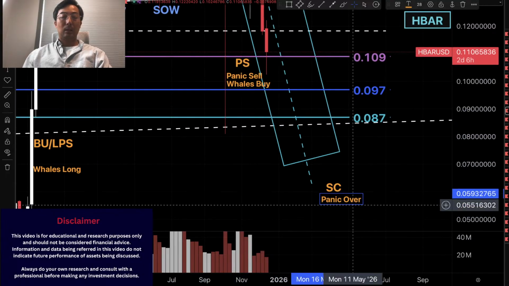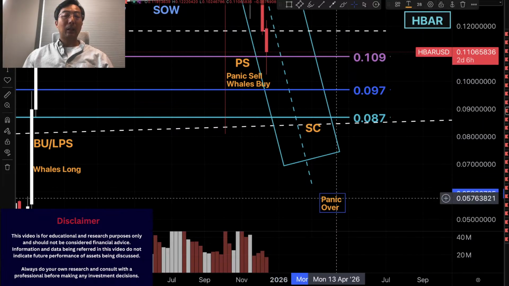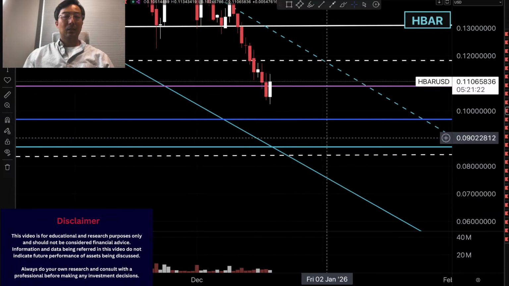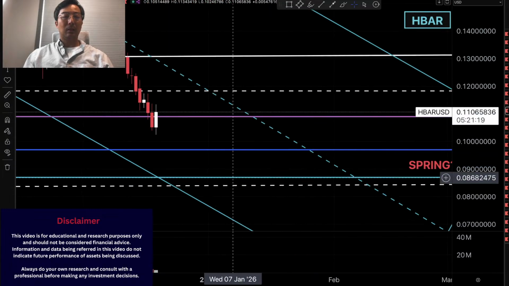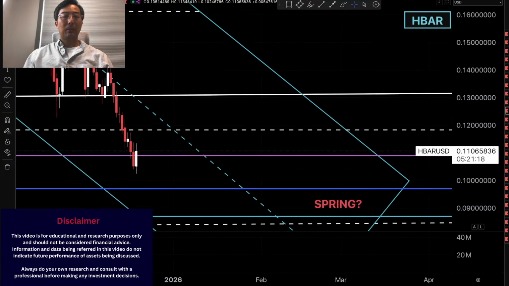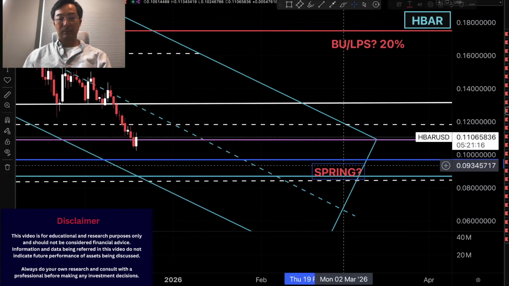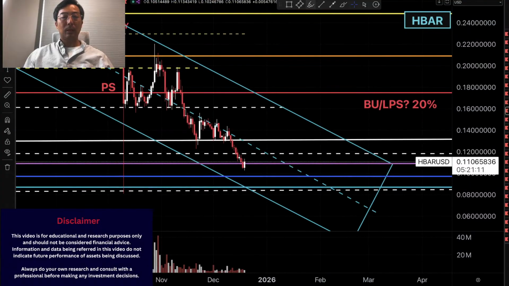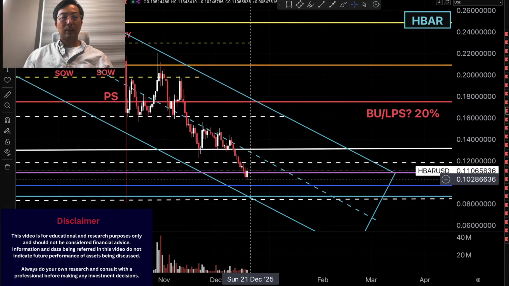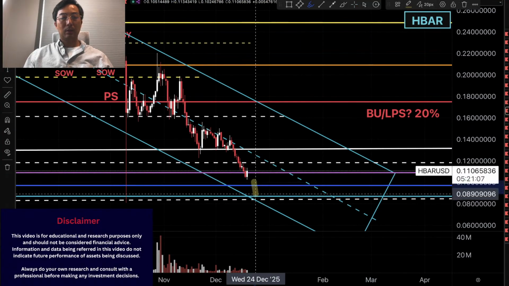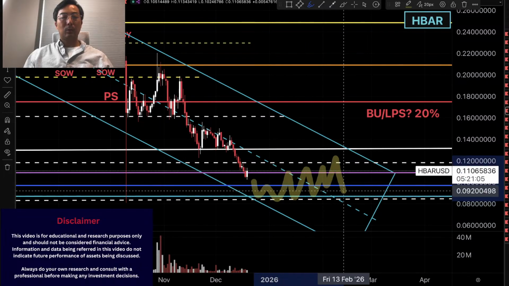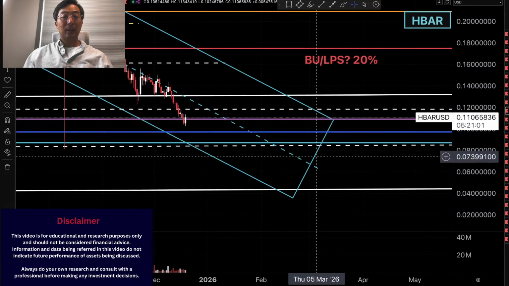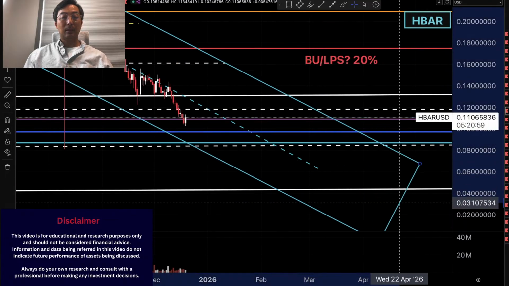So that's maybe where the panic over point is. So if it travels all the way to here, it may eventually confirm that it may trade sideways from that point onwards. That's what we are waiting to see, to find out whether that's the case.